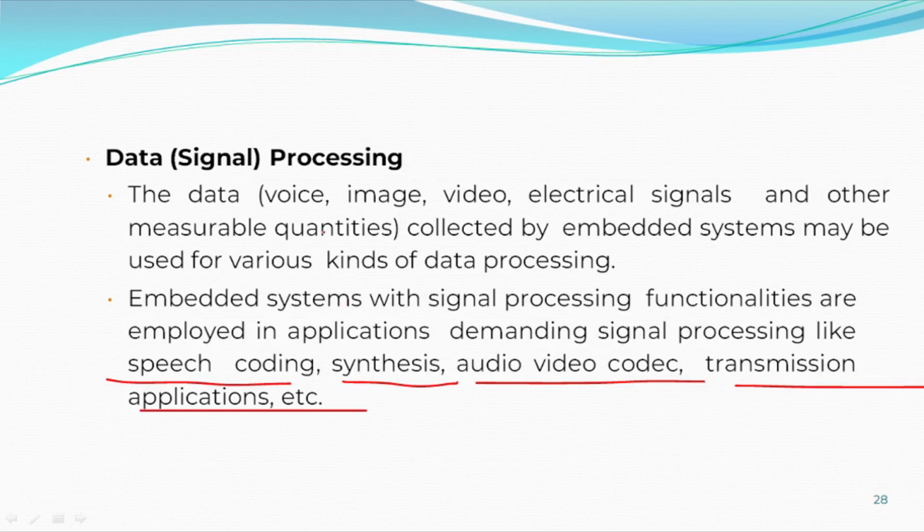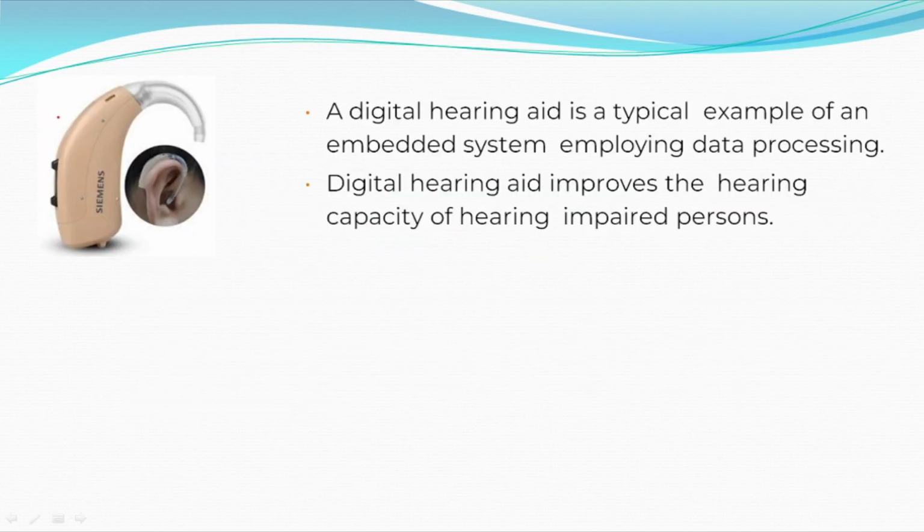Any sort of task or modification that you perform on your voice, image, video, electrical or any other quantity or data is called signal processing. Here we just vary the features of the signal as per the requirement. One example for this could be a digital hearing aid.